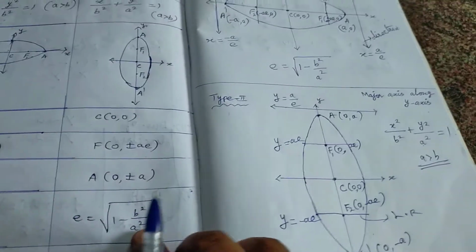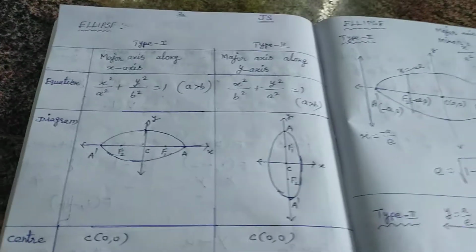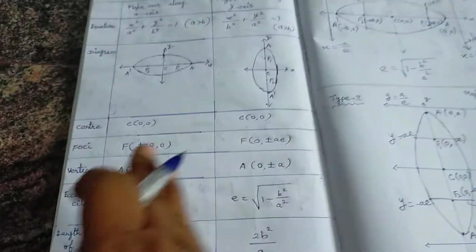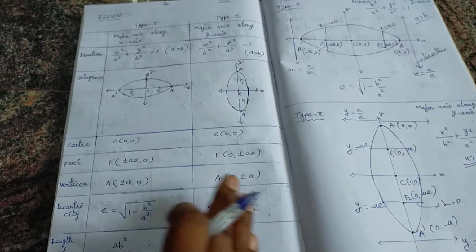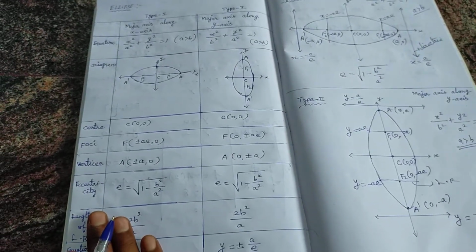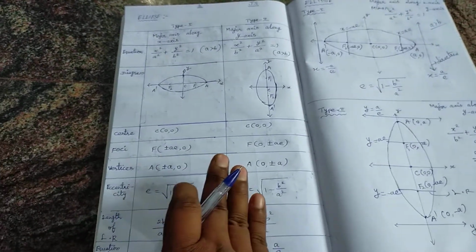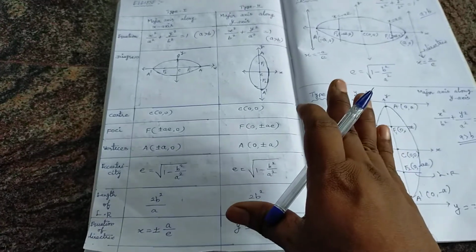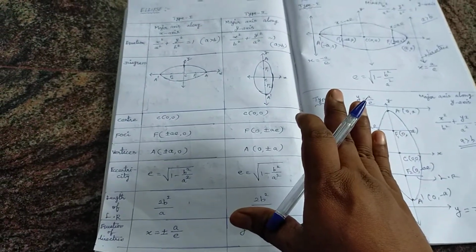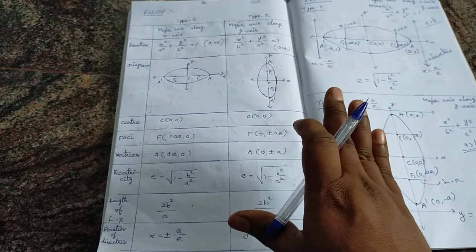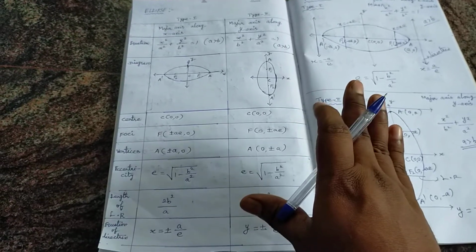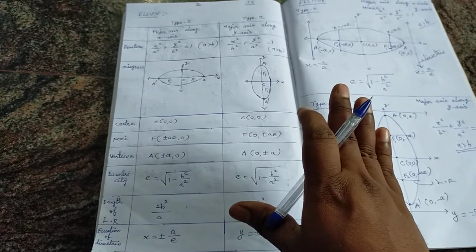So I draw one table. All the points I classify into two types and write in table form. You should study and keep it in your mind before we start our problems, so that we understand the problems.